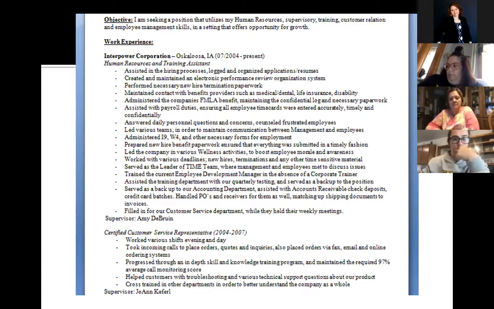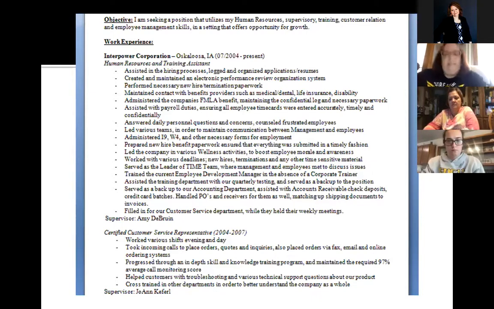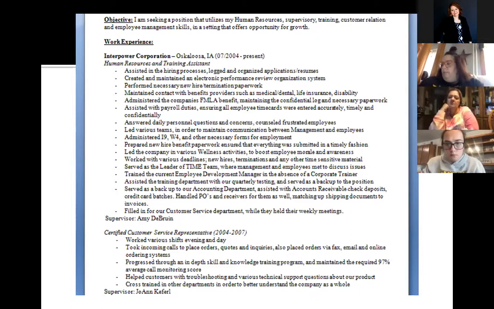If I'm going to apply for an HR job that is specifically benefits, where all I'm going to do is administer benefits, I'm going to take out some of those bullet points that are not necessarily important to that particular job. But I'm going to keep the base resume with everything in it.